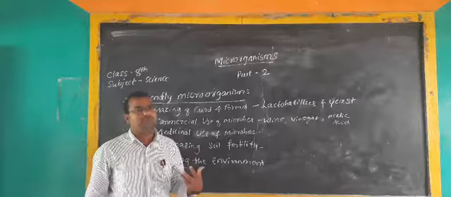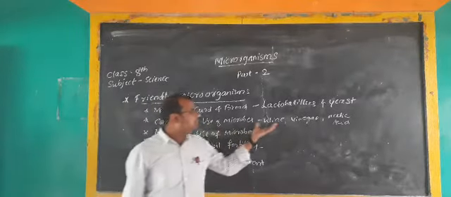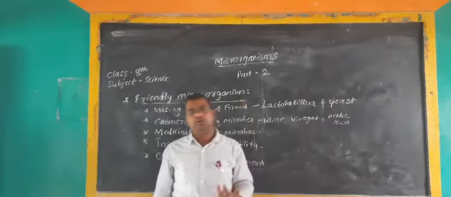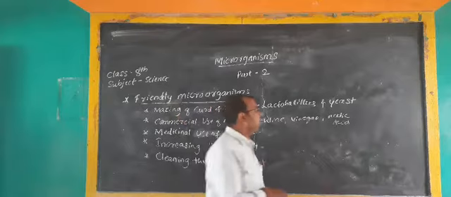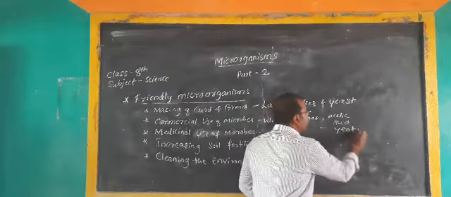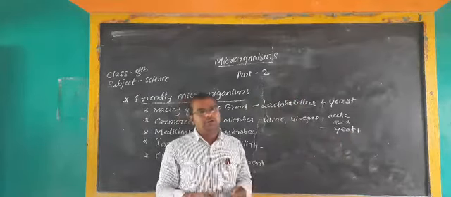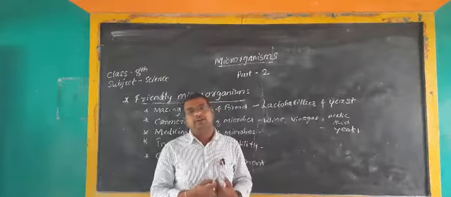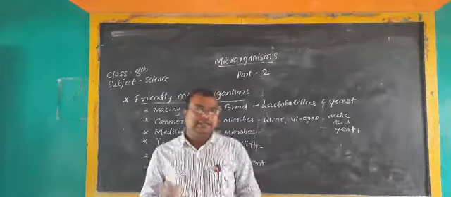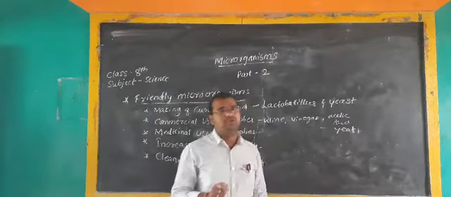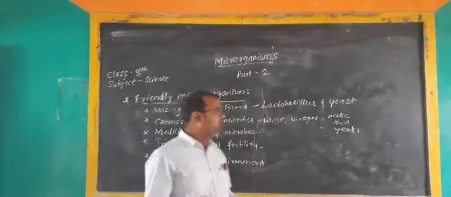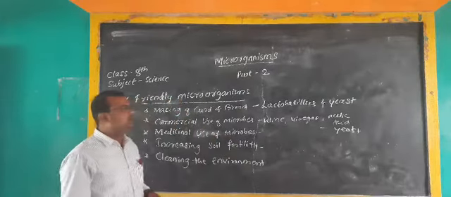The yeast is used to prepare all these products like wine, vinegar, acetic acid, and alcohols. Alcohol is prepared from naturally occurring sugar in plants, which they convert into alcohol. That mode is called fermentation. By the process called fermentation, they convert sugar into alcohol. So here also the microbes are useful in a commercial way.